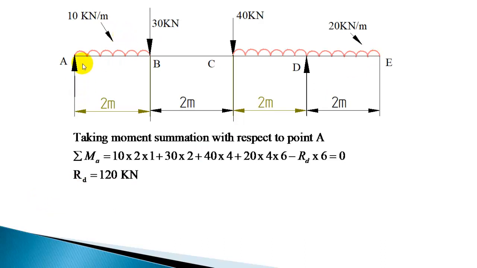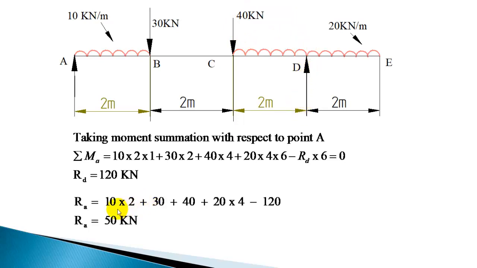Now to find out RA, you can find out the resultant downward load and subtract RD from that. So the resultant downward load is 10 into 2, 20, plus 30, plus 40, plus 20 into 4, 80, minus 120.